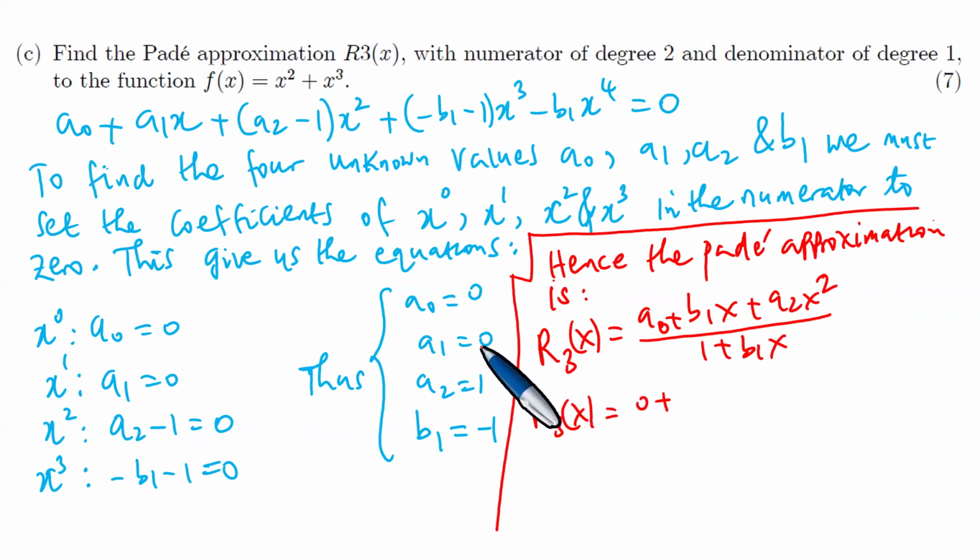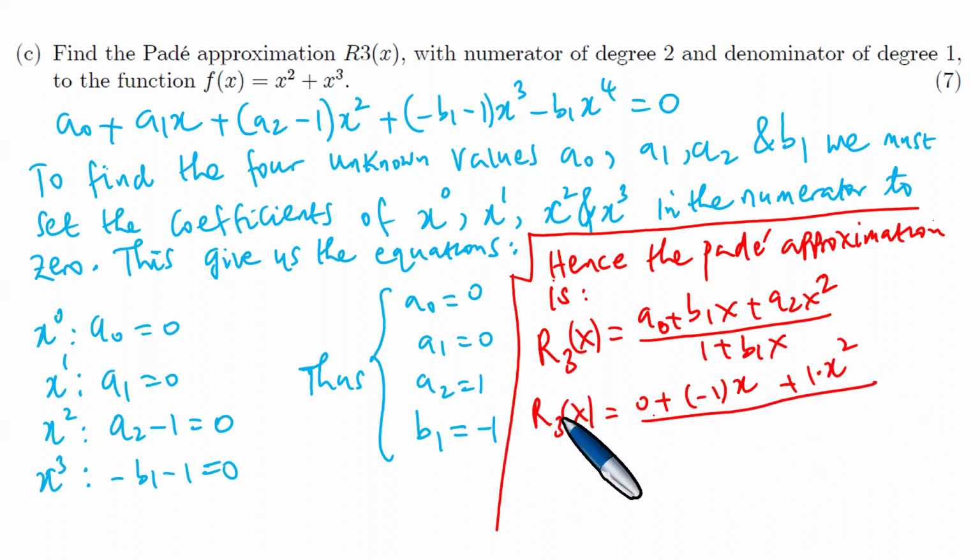Take it from here. B1 is a negative 1x. A2 it's a 1 divided by 1 plus the B1. It's minus 1 X.